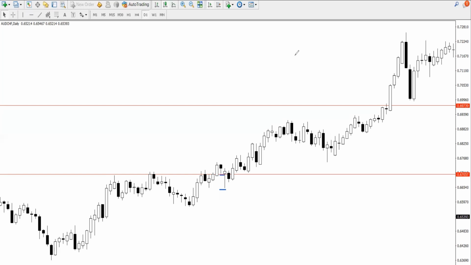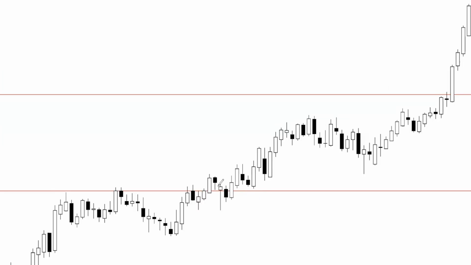The body itself is very important. When choosing a nice looking pin bar, you want the body to be as tight or as close as possible. You want the open and the close to be very, very tight or as close as possible. That gives the pin bar more weight. Once again, it shows the track of the market.